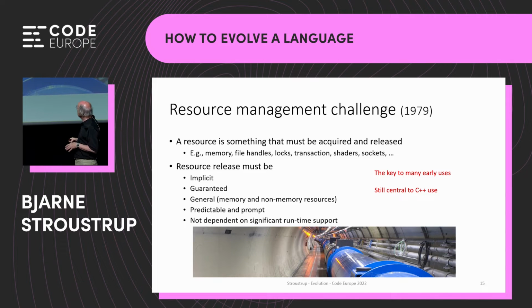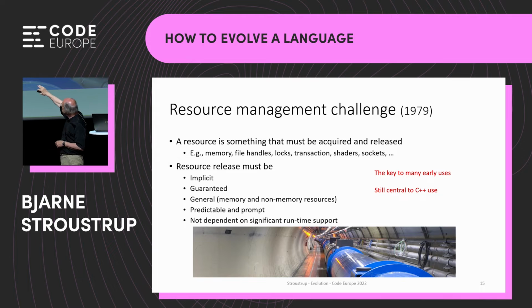One of the really early ones is that I wanted to build an operating system kind of thing, and that means that resource management is an absolutely critical part of whatever is going on. So looking at what's a resource, it's something that you acquire and you have to give back. Memory, file handles, locks, transactions, shaders, sockets, the list goes on and on.